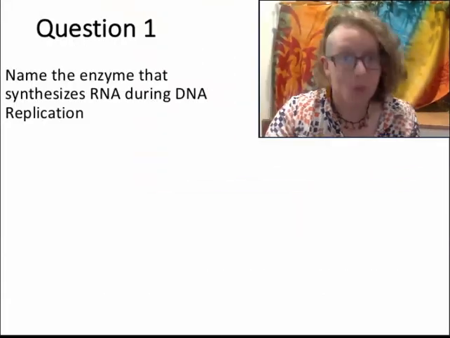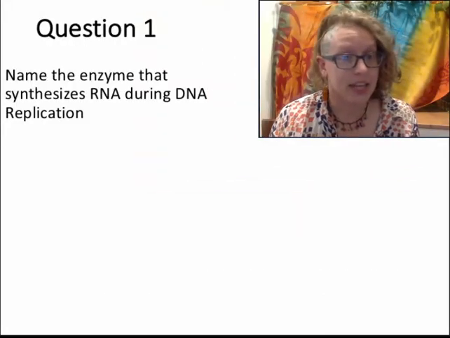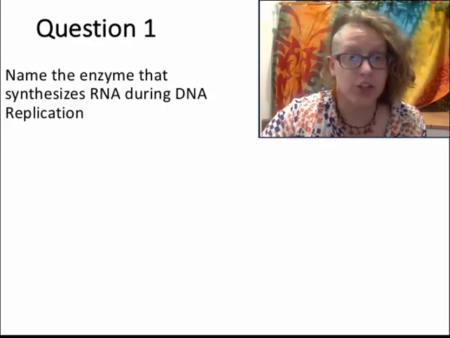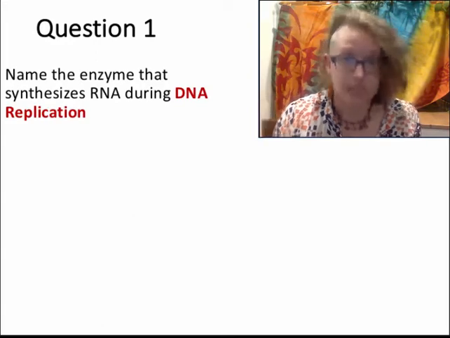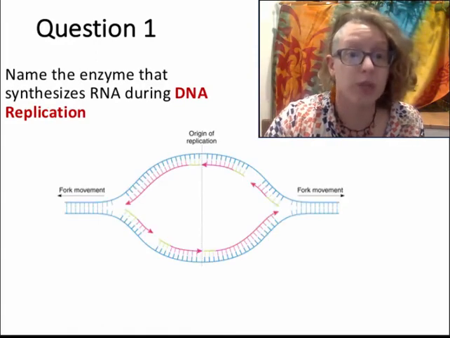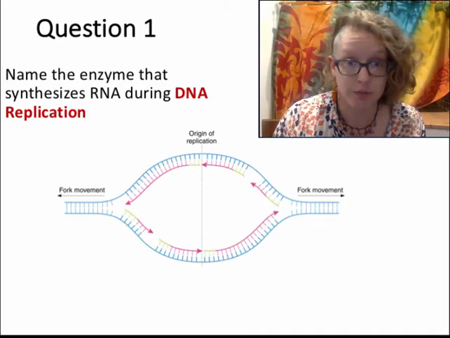That's the game plan. Okay, so question 1, name the enzyme that synthesizes RNA during DNA replication. So when I'm reading this question, I'm going to highlight DNA replication. That's our context, and I'm going to bring to memory this image.